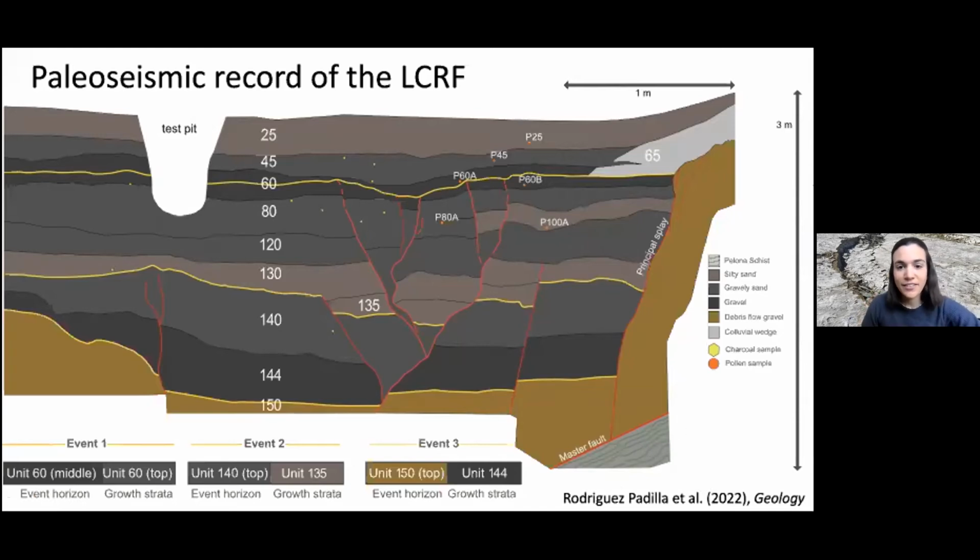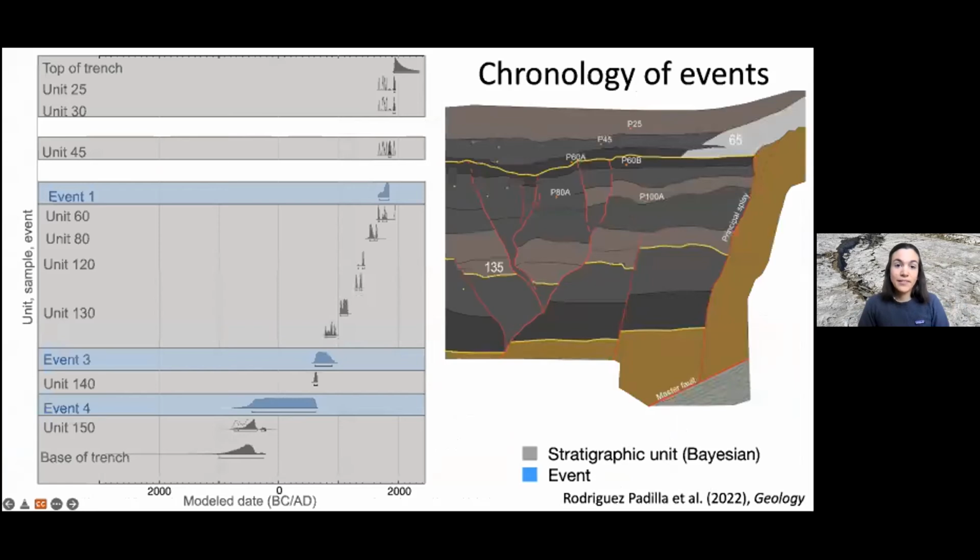So 3 events. And we built a chronology from radiocarbon ages from charcoal samples in the trench. We use a Bayesian model built with the OxCal program that includes stratigraphic order. It includes several charcoal ages per unit, event horizons, and we also include historical data in the form of invasive pollen, which we're going to get to in a second.